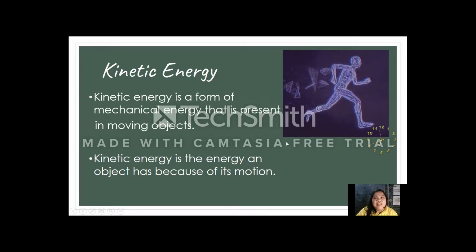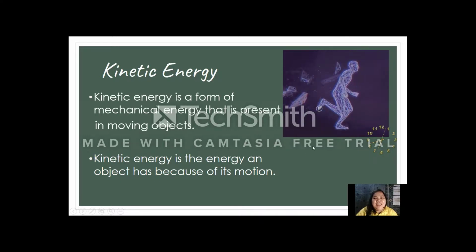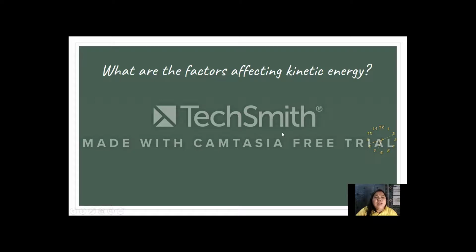So when something is moving, it has kinetic energy. Okay. Just like the person running here, he has kinetic energy because of its motion. So what are the factors affecting kinetic energy? So these are the following factors: the mass of an object and the speed of an object.